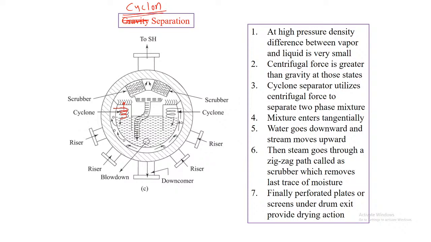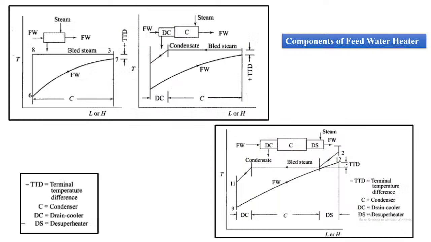But again, we don't want to negate the presence of water droplets, so for that we will have mechanical separators, and at the end we will have screens or scrubbers. So mainly the cyclone, as seen here, is called the cyclone separator. It works at very high pressure. So that was the first question.